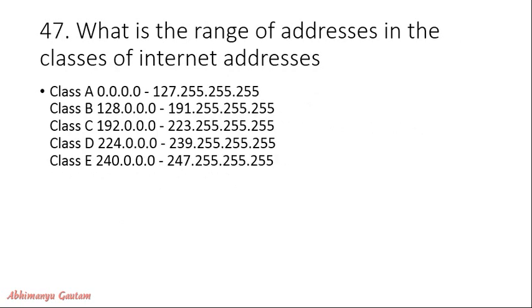What is the range of addresses in the classes of internet addresses? Class A: 0.0.0.0 to 127.255.255.255. Class B: 128.0.0.0 to 191.255.255.255. Class C: 192.0.0.0 to 223.255.255.255.